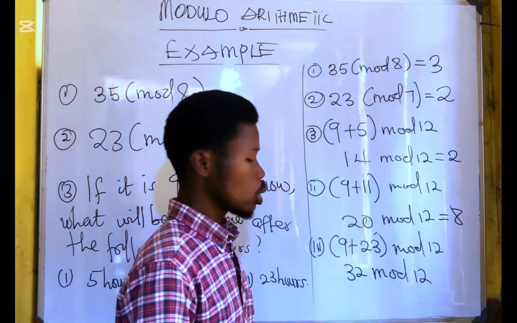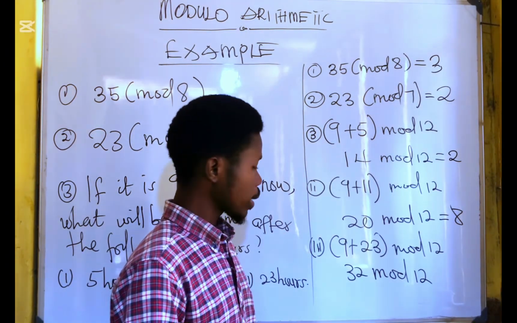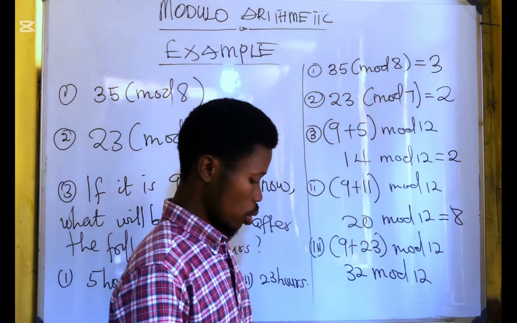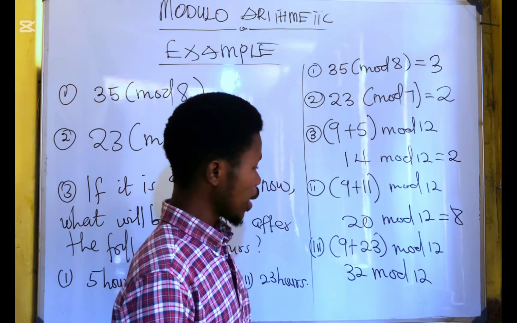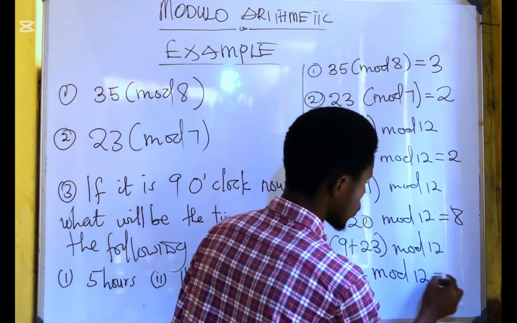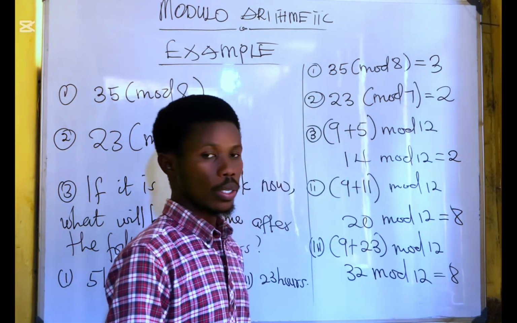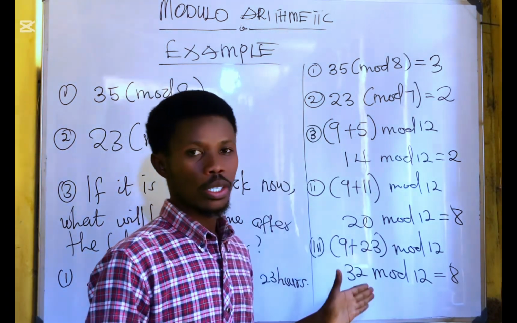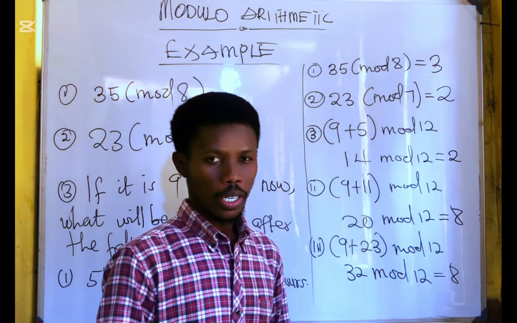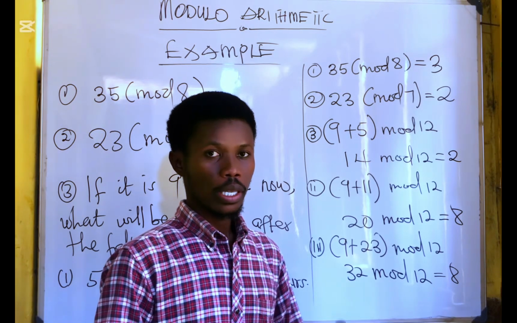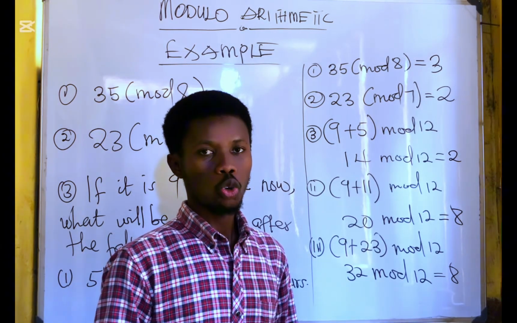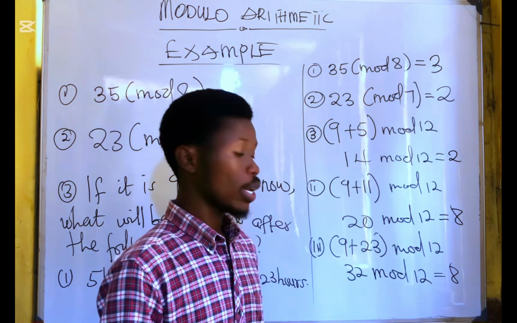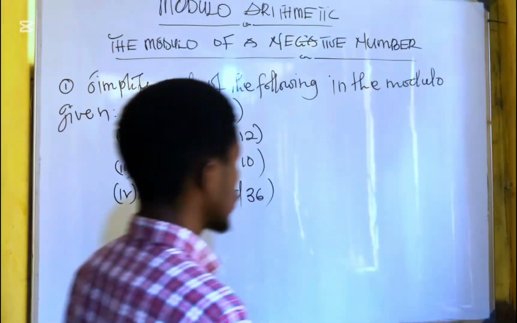You know that 12 can go into 32, I think 2 times, because 2 times 12 is 24. So here too, you get to remember what? 8. Is that okay? So this is how we deal with or tackle questions like this when it comes to time. Time always works with mod 12. And with modulo, we are interested in the remainder.